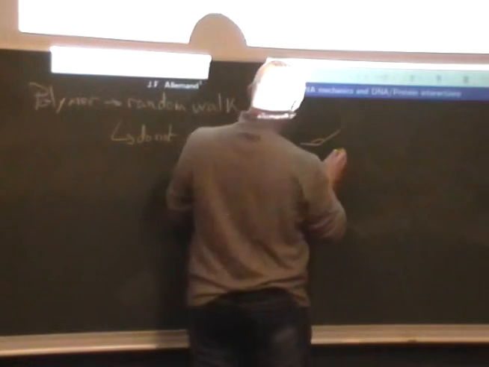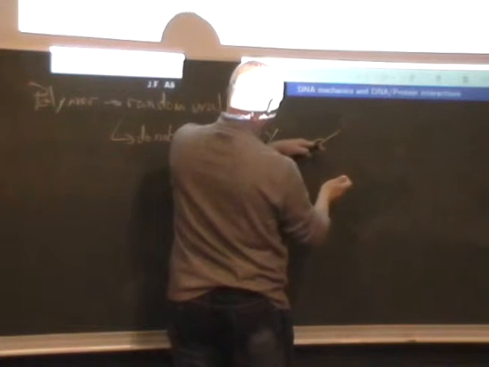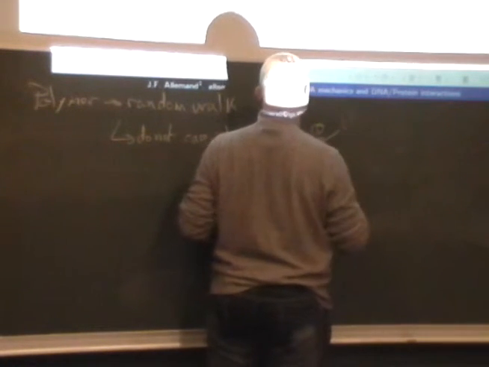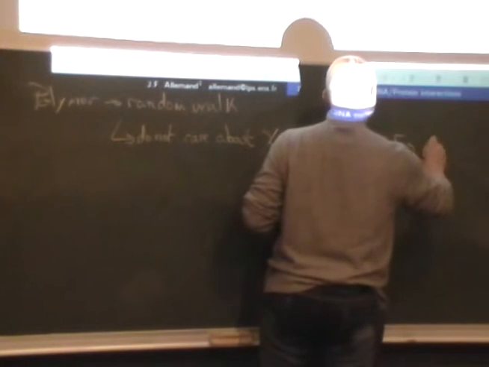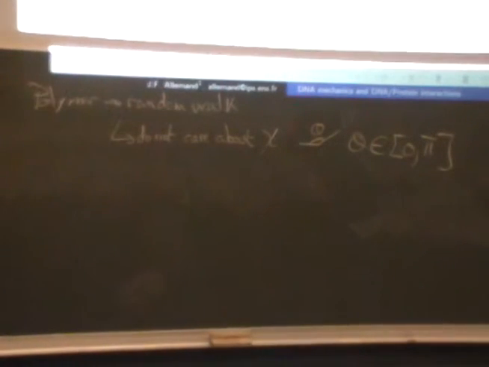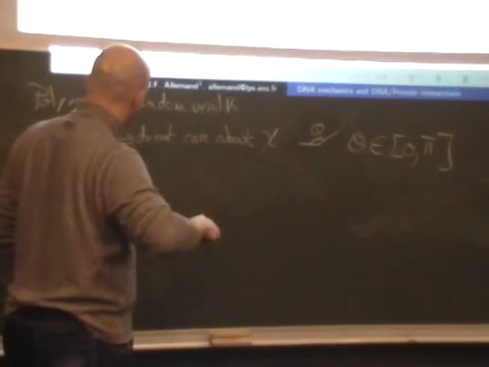So in our model, we have a random walk, and one segment compared to the other can take any angle. Here we have an angle theta, and theta belongs to 0 to 2π, without any preferred direction.